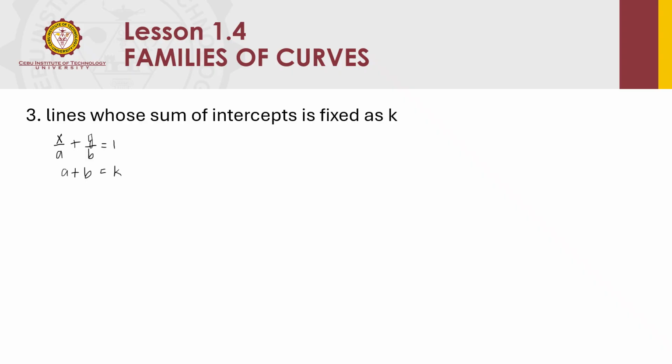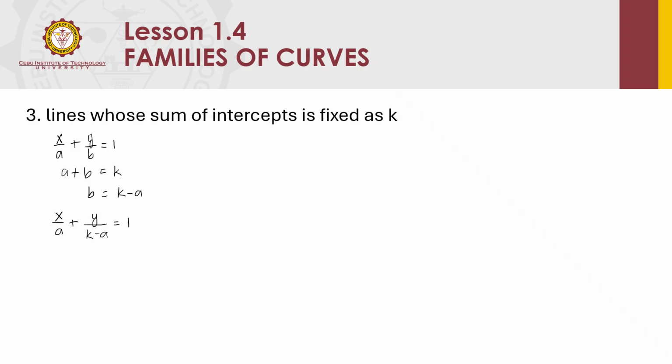So let's say we let b be equal to k minus a, or if you want, you can replace a instead, writing k minus b instead of a. So this is the equation in terms of k. So b is k minus a, and the right side is equal to 1.